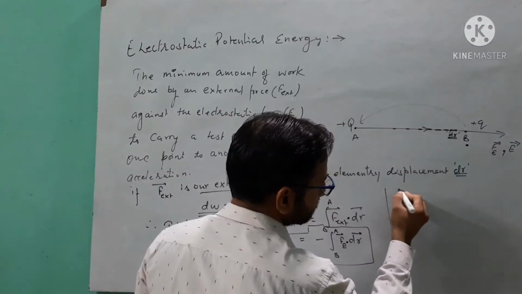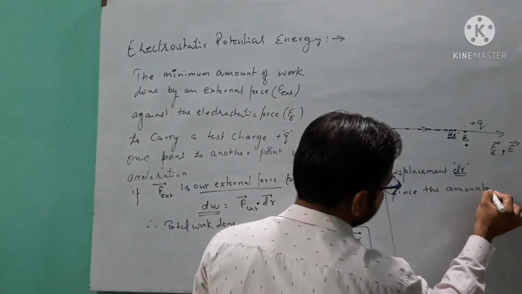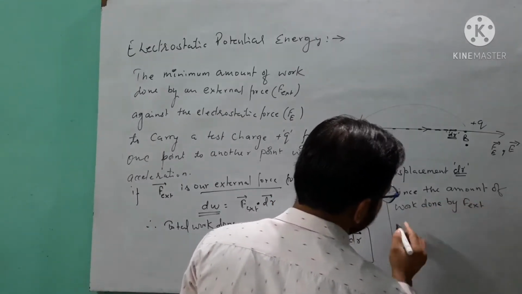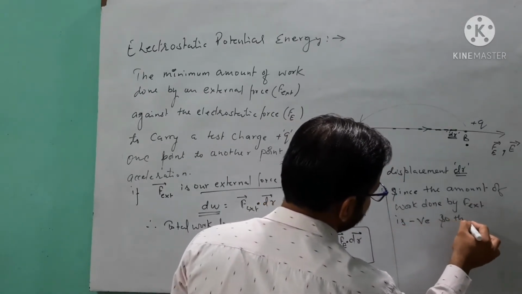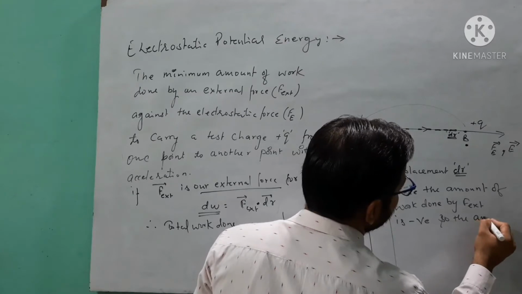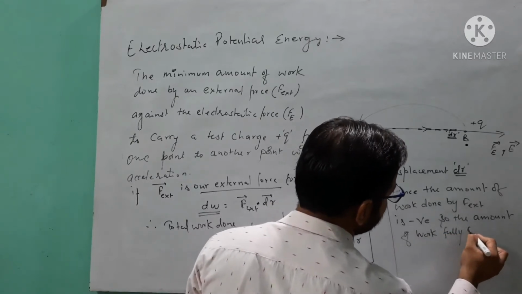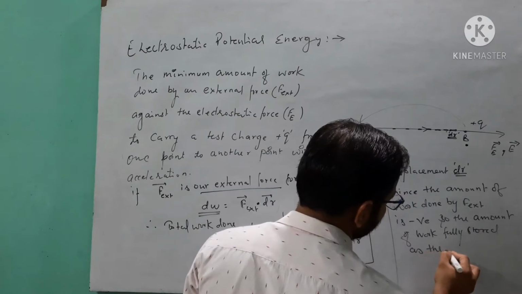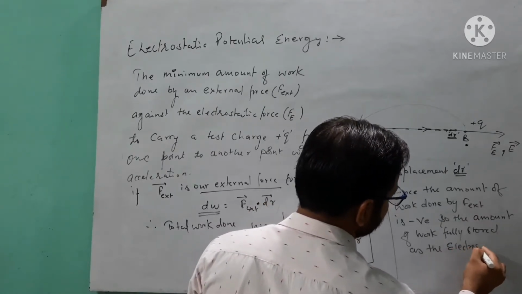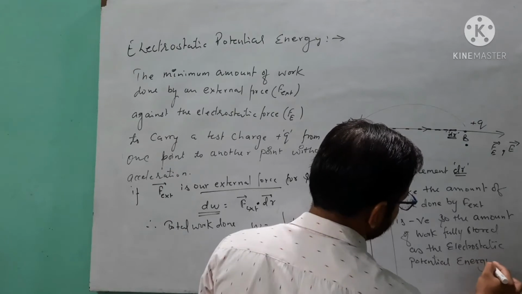So we can write here, since the amount of work done by F external is negative, the whole amount of work done is fully converted or stored as the potential energy, or you can say electrostatic potential energy, got it?